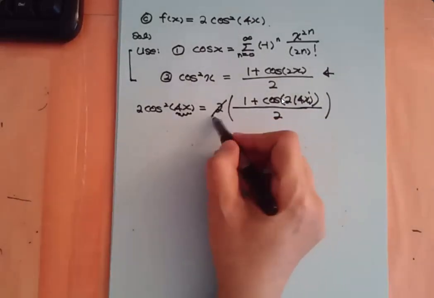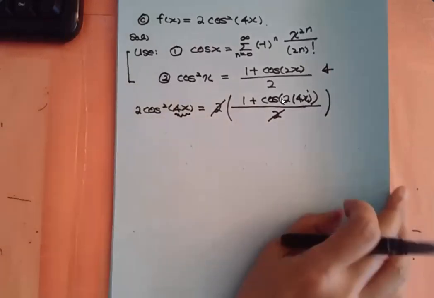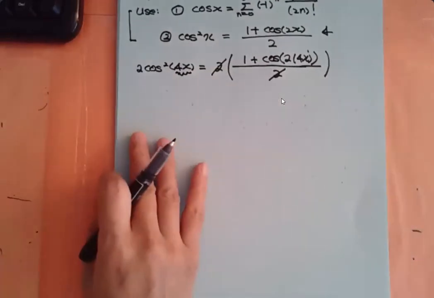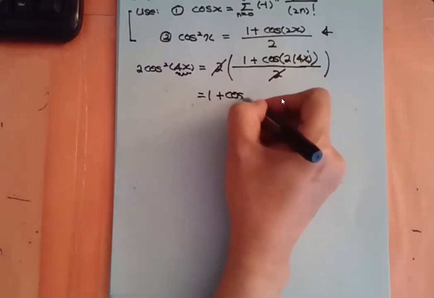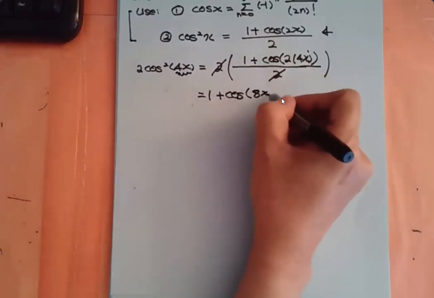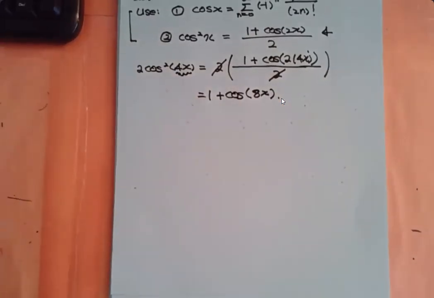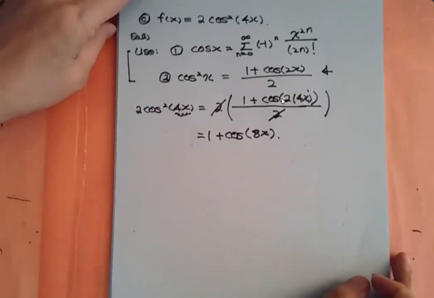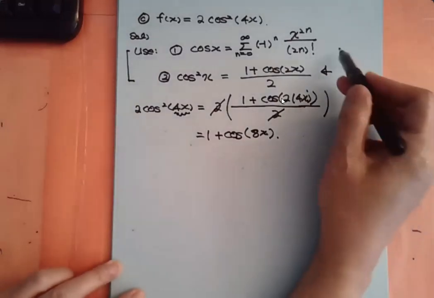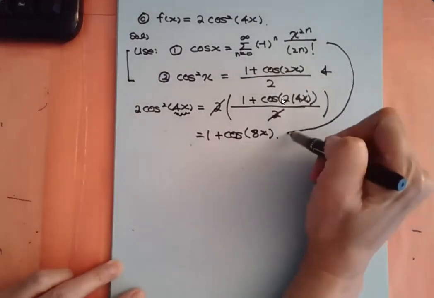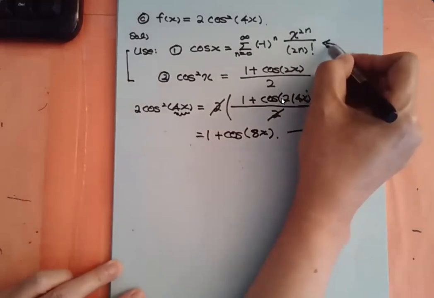So if you cancel it out, and then that is 1 plus cosine of 8x. So after we lower the degree by using the half angle formula, we can easily apply the formula which is already established.